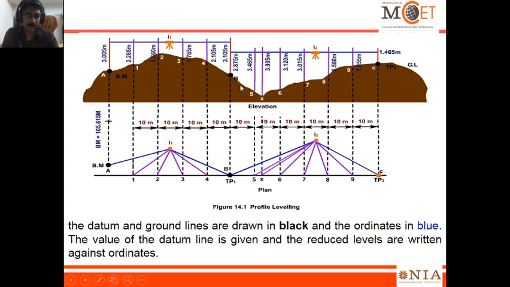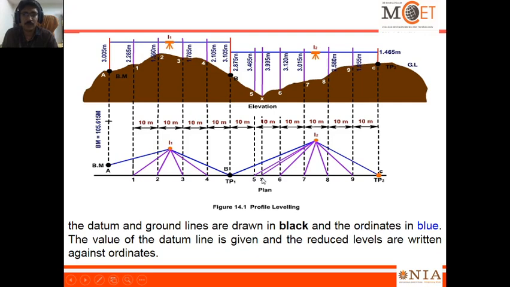Here there is a sudden change. See the 10 meter interval, but apart from that there is a small change there. The staff was held at a distance that is not 10 meters, it is less than that. We consider that distance may be x, and the point is also considered as x.